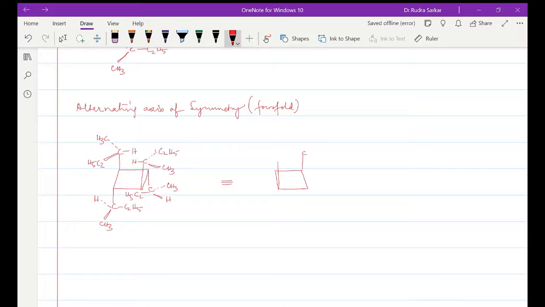So we have a C, then we have C2H5, this will be my CH3, that is going to be the H. This will be the H. That is going to be the C2H5.